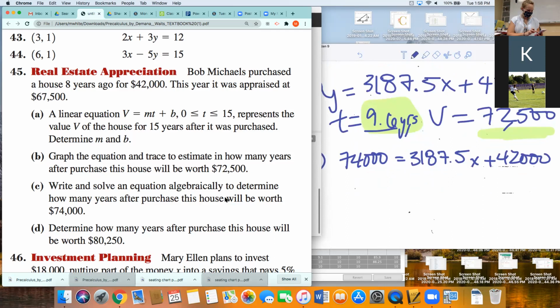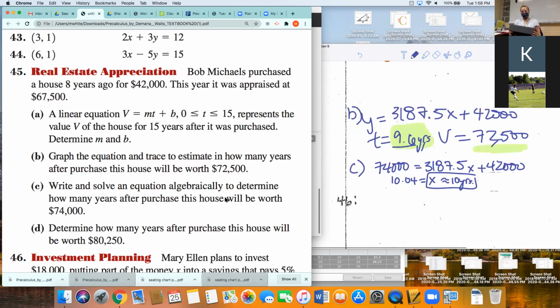We gotta do some calculator stuff. Well, I got about 10 years.